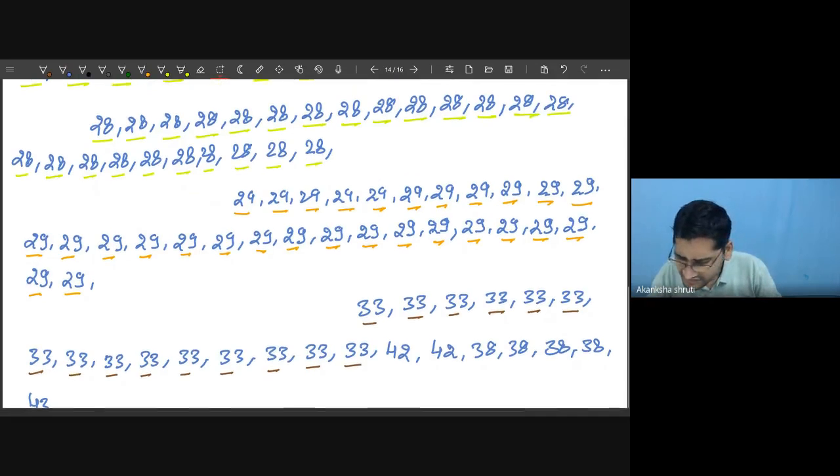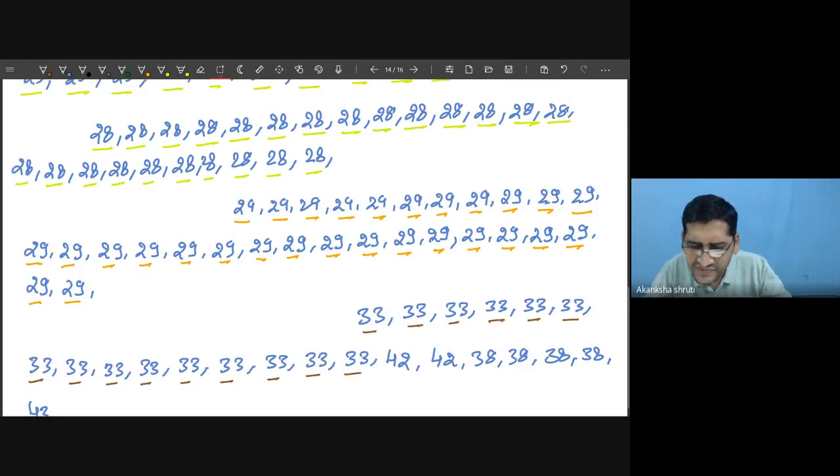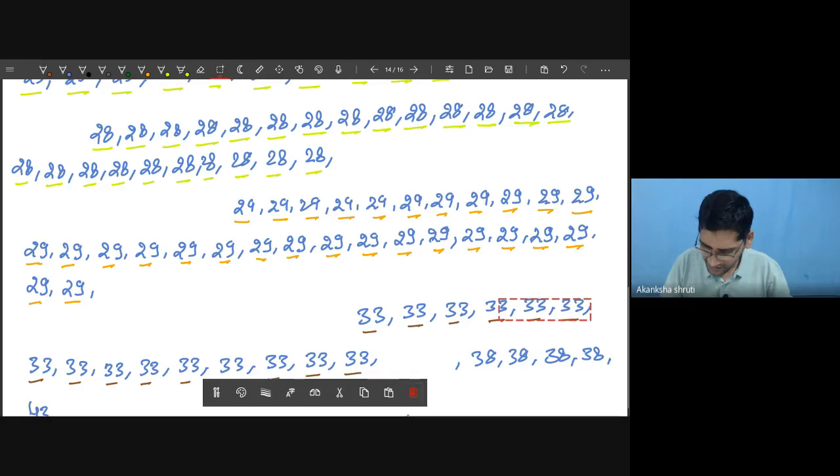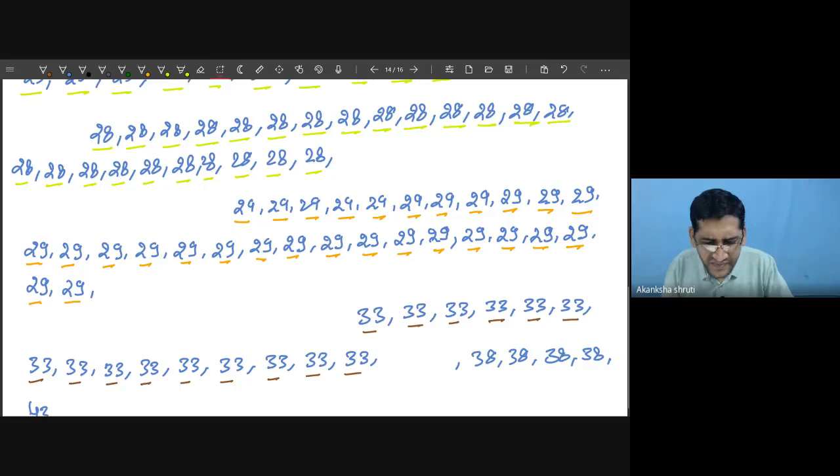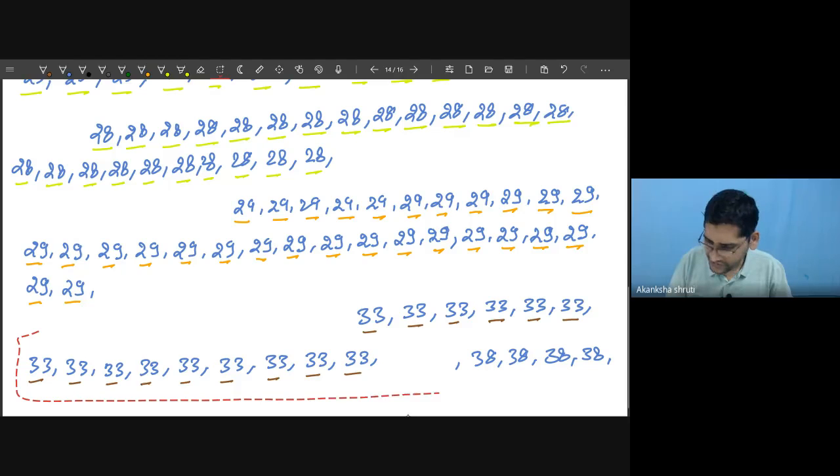Then 38 is there. So let me delete the 2 of this 42 here. Okay, student, keep the space as it is. Then 38, after this 38, we have the 42. Write that 42 also.